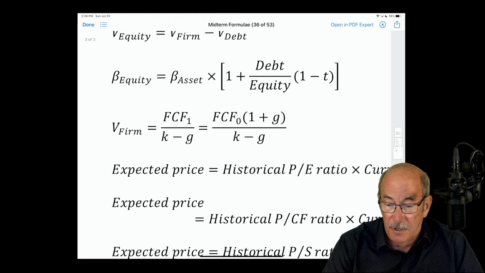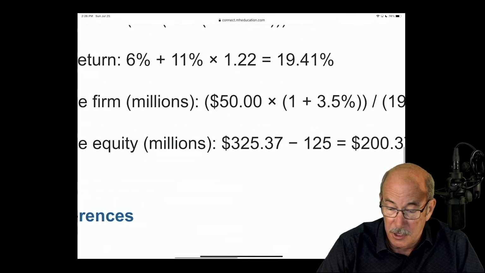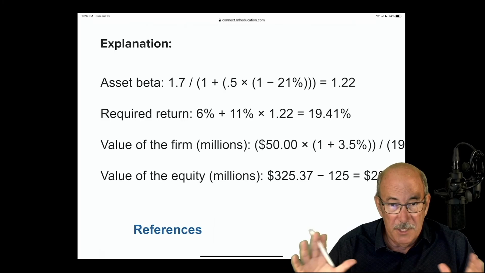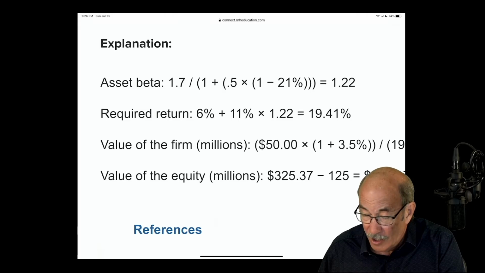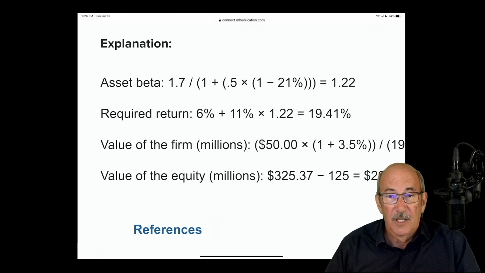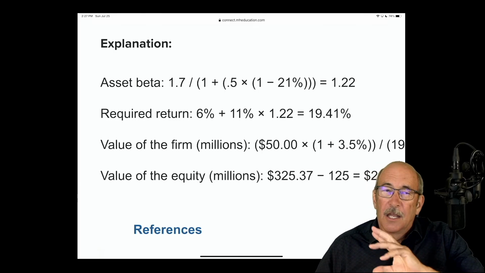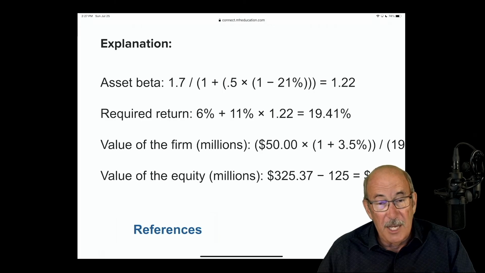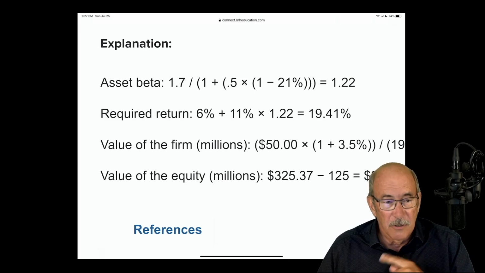That gives us an asset beta of 1.22. And just a quick back of the envelope check: as long as you have leverage, your asset beta is always going to be lower than your equity beta. If you get an asset beta that's higher than your equity beta, you know you made a calculation error, so go back and check yourself.